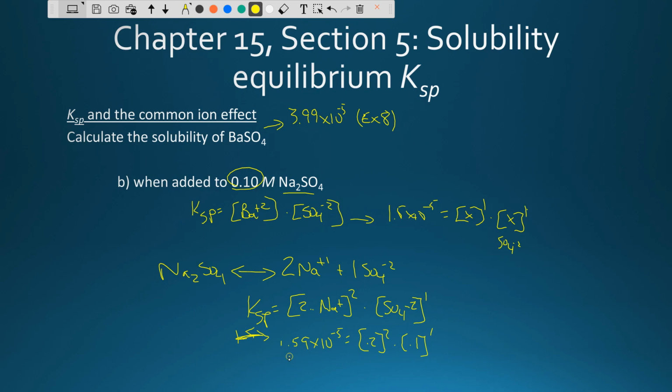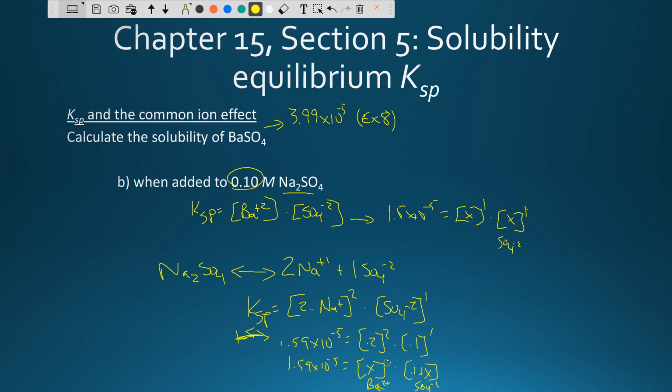And so I see my 1.59 times 10 to the negative 5 equals my x for my barium times, now here comes my sulfate. My sulfate was 0.1 from this one, and what's my sulfate up here? My sulfate up here is x plus x.